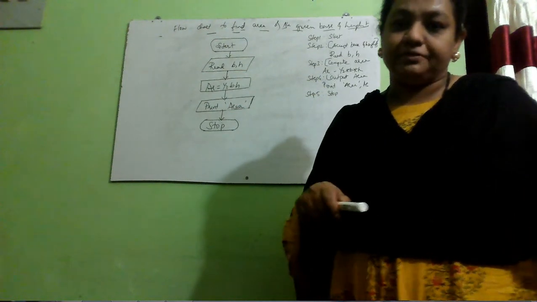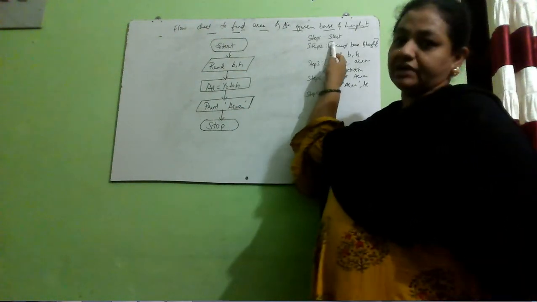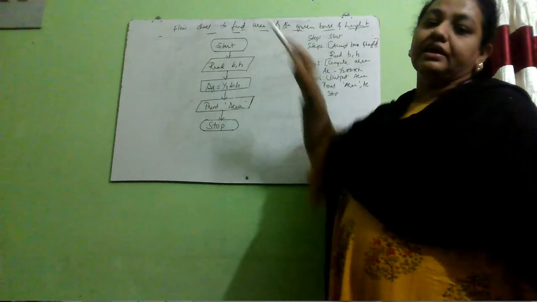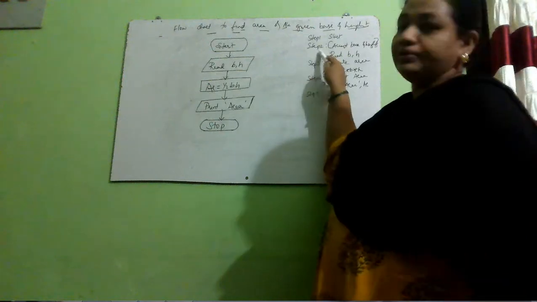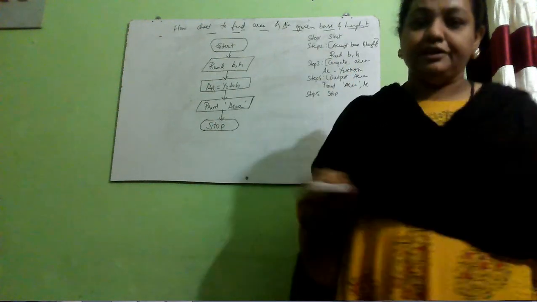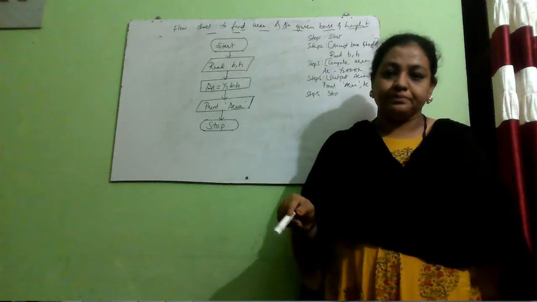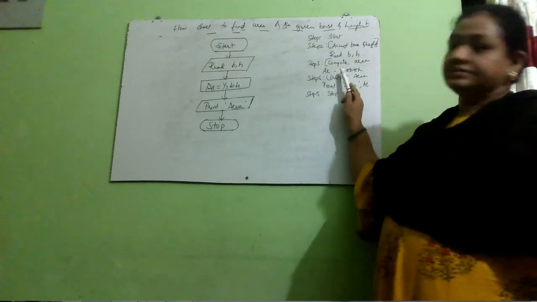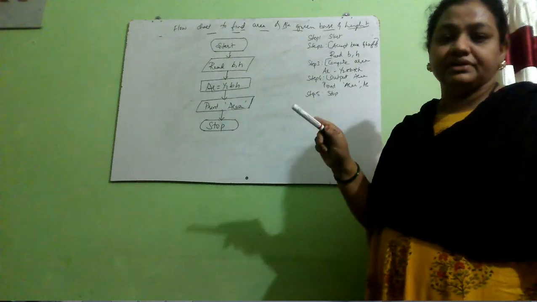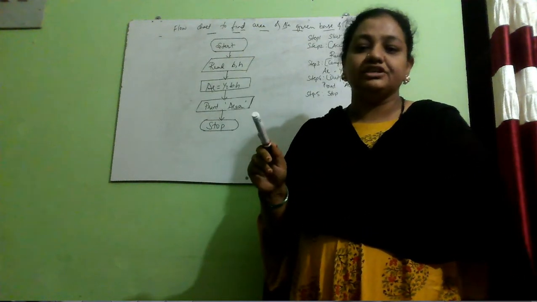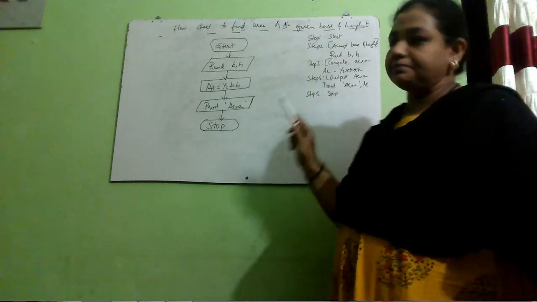Then stop. So: start, accept base and height, read B and H, compute area, where area is equal to half into base into height. Then stop.